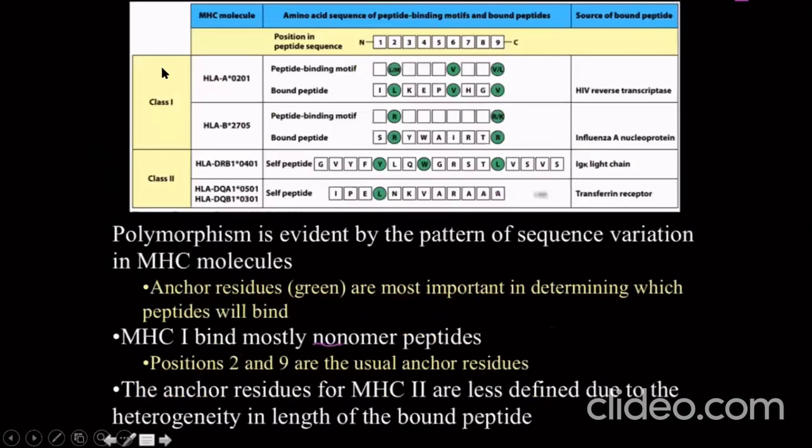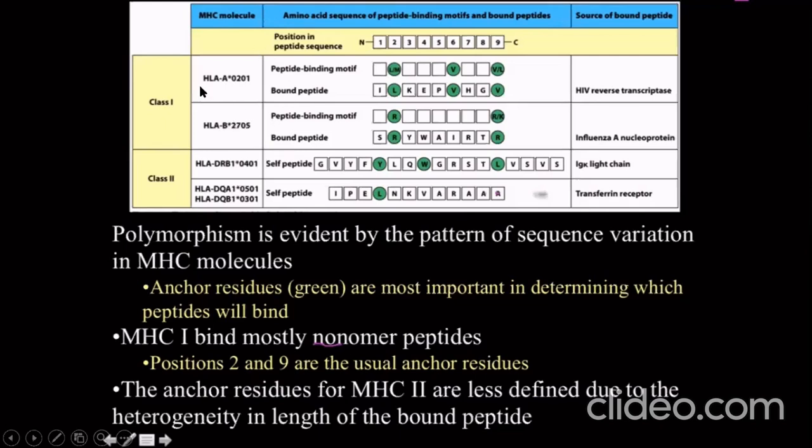Zoom in, again, on what we spoke about in the last class. Let's take a little bit, 1 or 2 minutes here. We are looking at class 1, class 2 here. What are the MHC molecules in terms of the polymorphism, in terms of the type we are looking for. In class 1, there are 2 types, HLA-A, HLA-B. Again, different polymorphism, it's 02 and 01 subtype. It's a 27 and 05 subtype based on the match here.